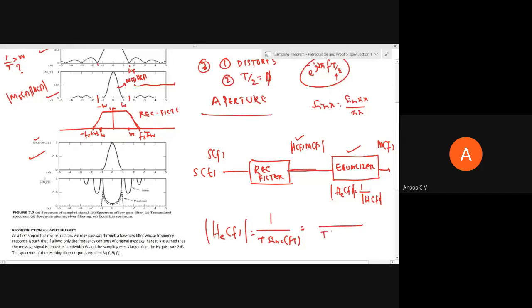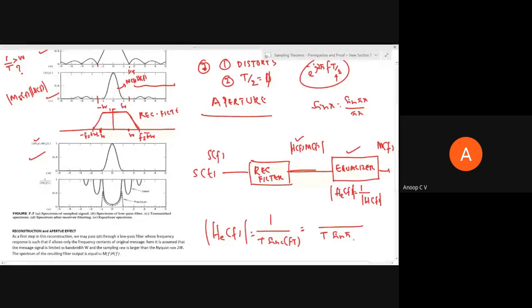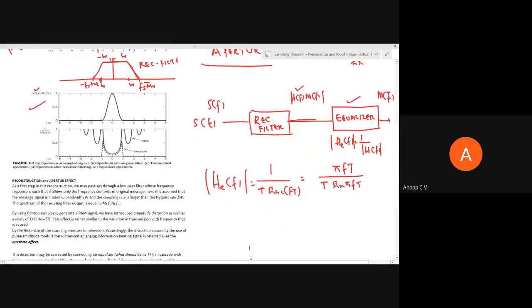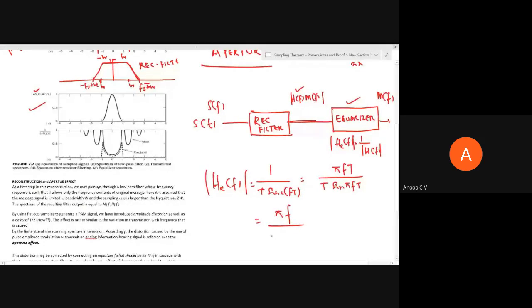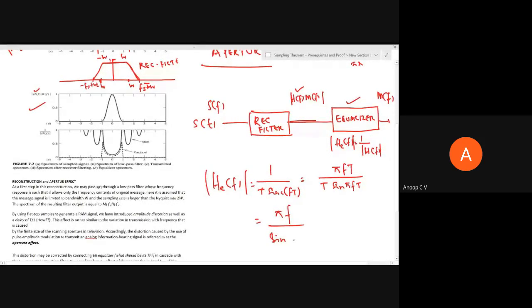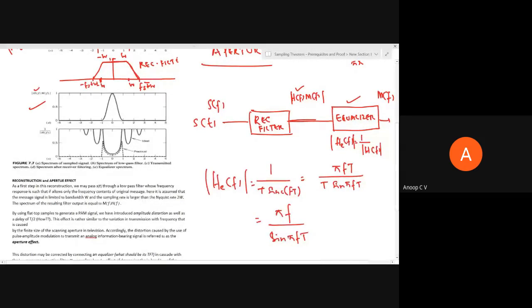In the denominator, T times sine pi fT by pi fT, that pi fT will come on top, and T and T will get cancelled. So finally we get the transfer function of this equalizer to be pi f divided by sine pi fT. So this will be the transfer function of the equalizer.